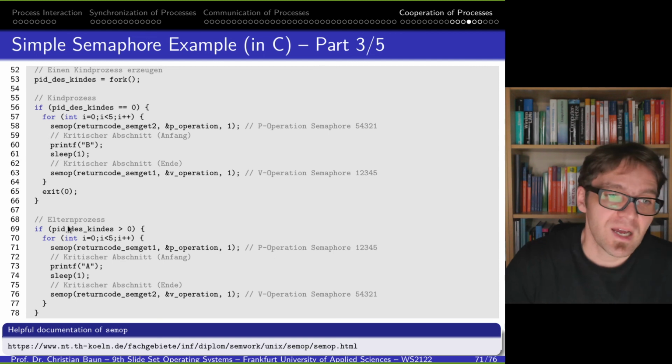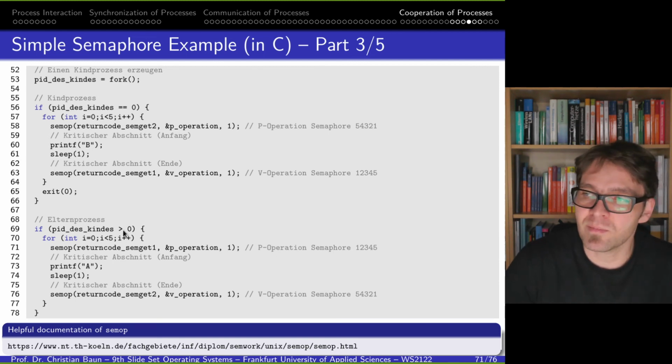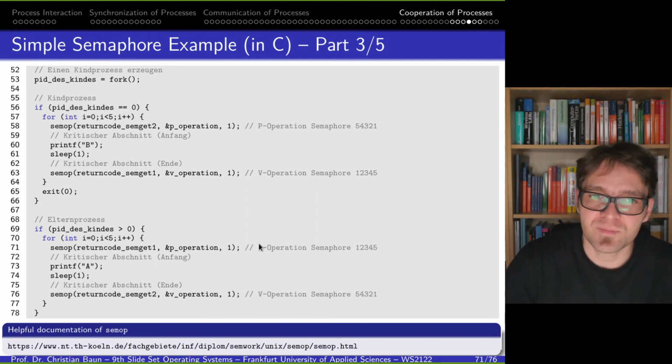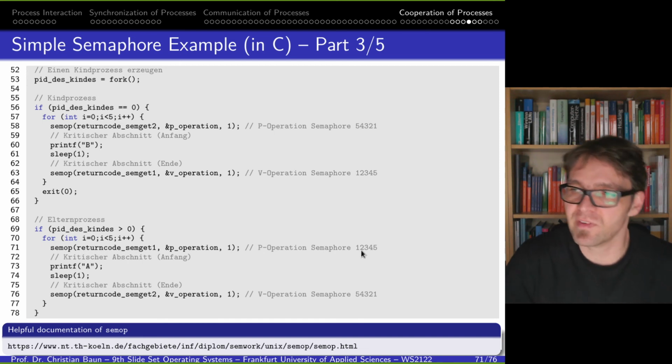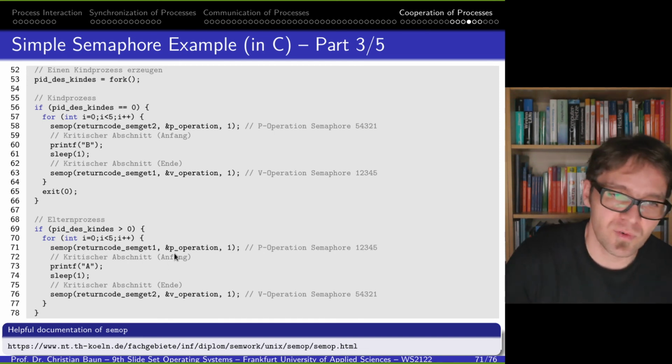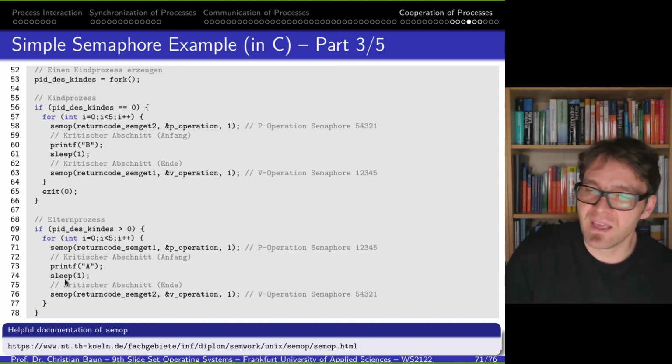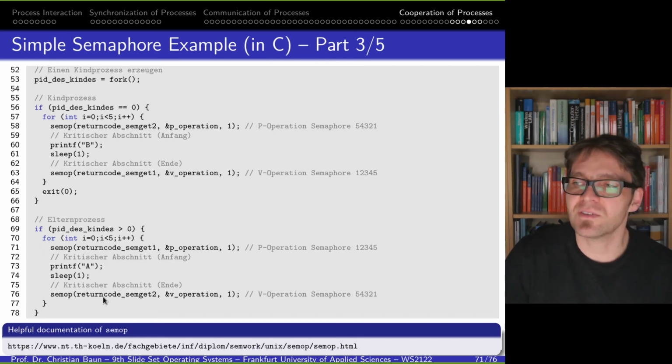and next we increment the first semaphore in the first semaphore group. And the parallel process will basically do the same, but in the reverse order. It will loop 5 times, and it tries to reach the critical section by decrementing the first semaphore in the first semaphore group, P operation, and print out the letter A, wait for a second, and increments.